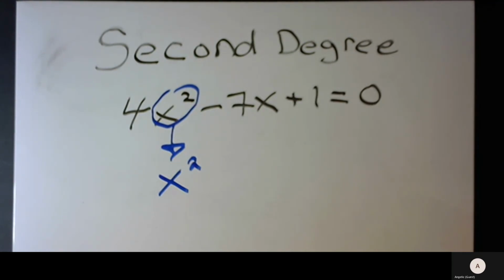All right. So what we're going to be looking at, last time we looked at solving first degree equations. Now we're going to be looking at second degree. Now, second degree, there's two ways of doing this. And the first way assumes you know something about factoring.